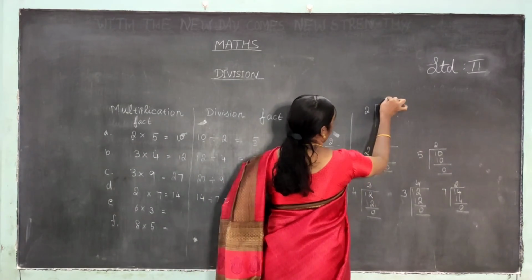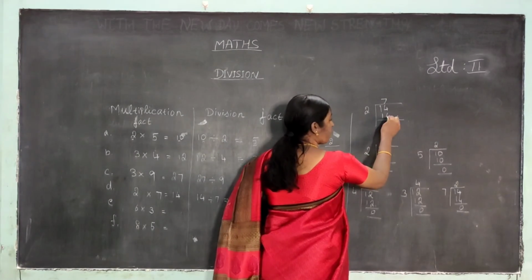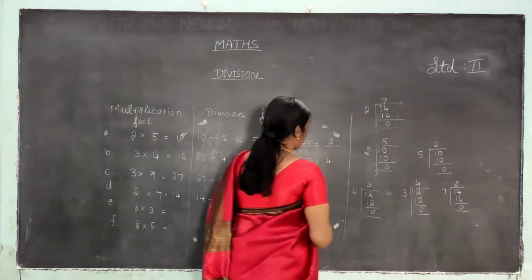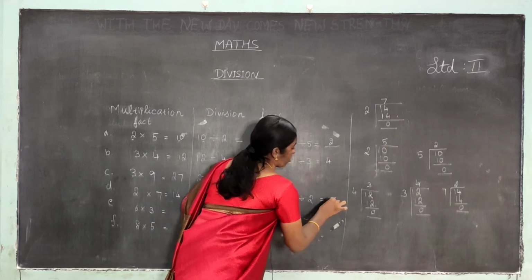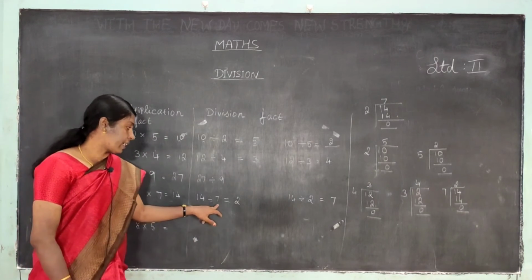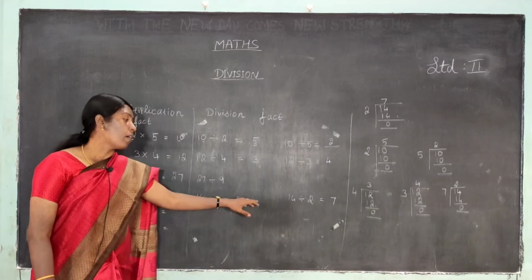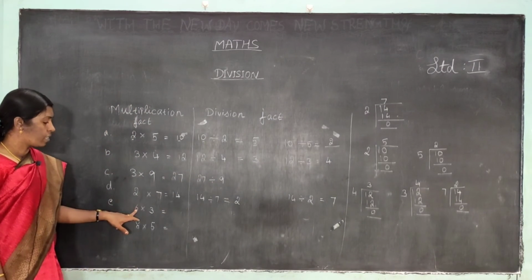So we write the quotient here as 7 and here 14, and what is the remainder? 0. 14 minus 14, 0. So here you write, what is the quotient? 7. Okay, same thing. 14 divided by 7 is 2. 14 divided by 2 is 7.